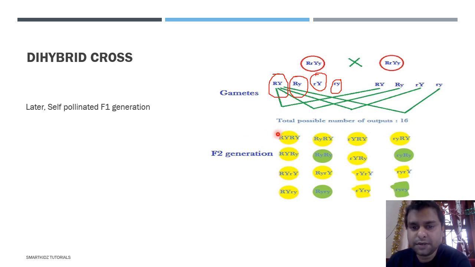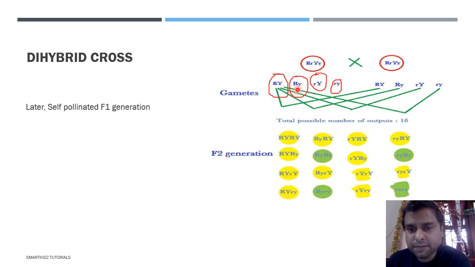We have RY from here combining with RY from here, capital R, capital Y combining with capital R, small y over here, capital R, capital Y combining with small r, capital Y over here, and capital R, capital Y combining with small r and small y over here. But in all these cases, it is round as well as yellow seeds.